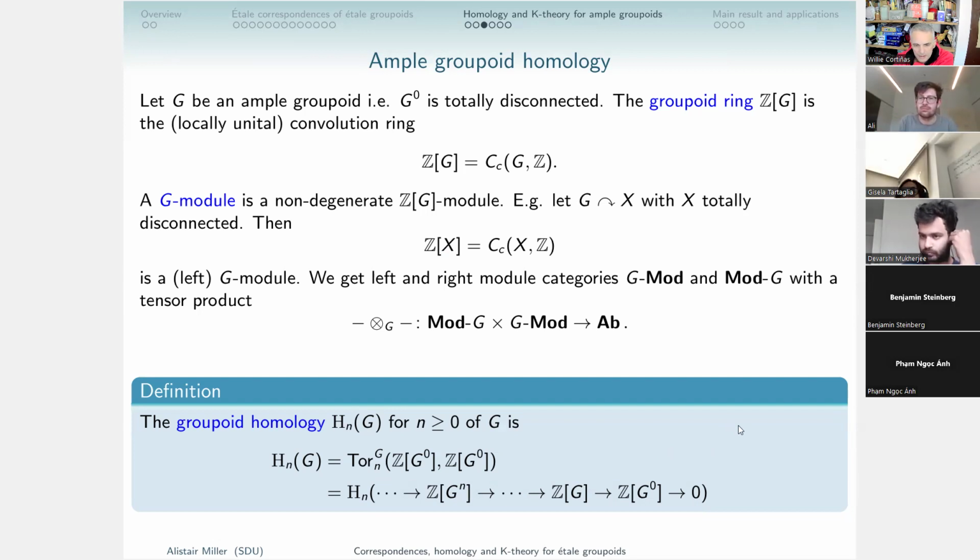Just to be fastidious, the superscript on Tor, you want it to be Z of G, right? Right. G here is short for Z of G, in the same way that this G here is short for Z of G, and this G is short for Z of G. Exactly. And if we want to be very fastidious, I probably shouldn't have written the same N here twice. But that ship sailed.